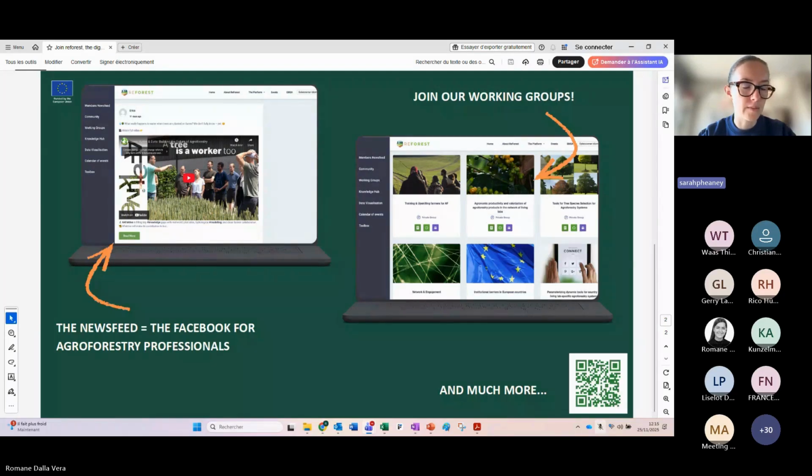With this working group, we're targeting communication officers and anyone responsible for communication and dissemination, but also general project managers, project officers, anyone who needs to stay up to date with what's happening in the wider community.